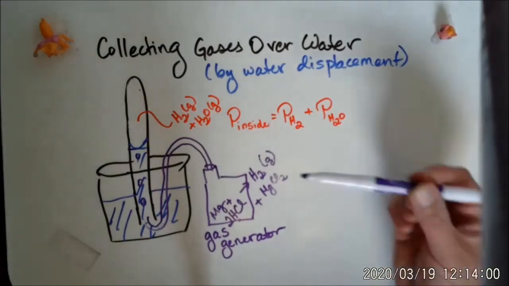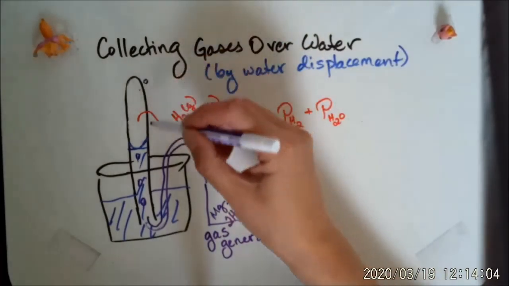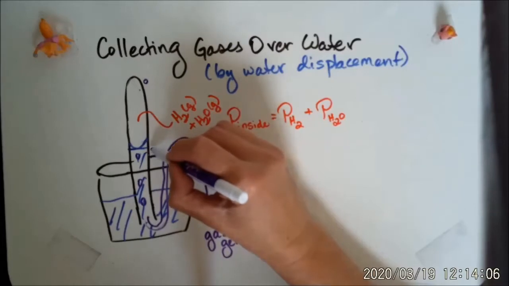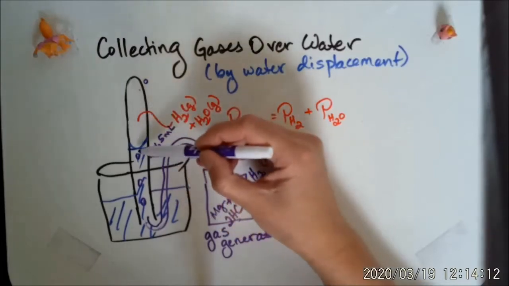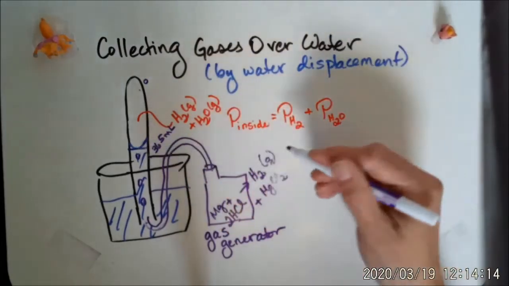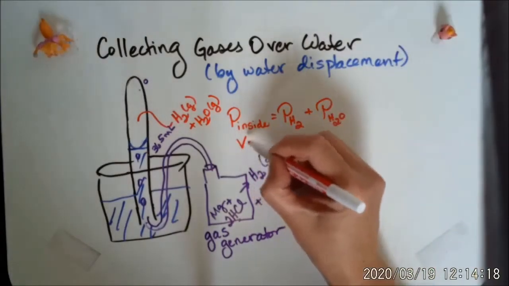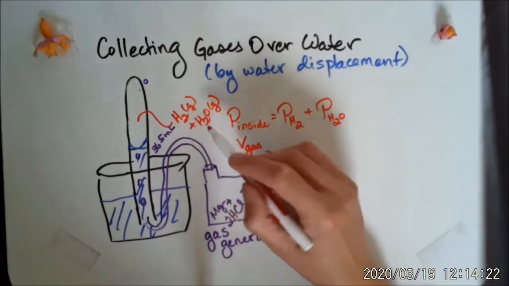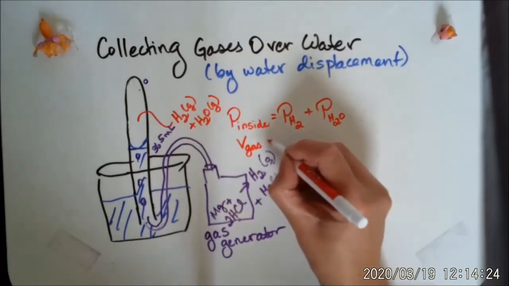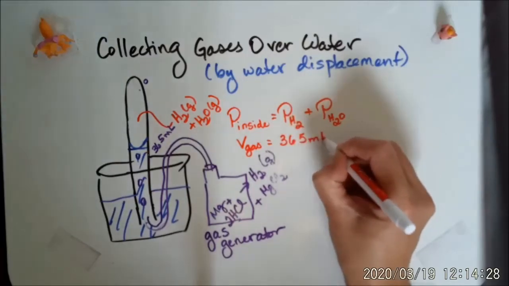So when we read here in your tube, it goes from 0 down to 50. So suppose we had 36.5 milliliters, if we read this at the bottom of the meniscus. So the volume of gas that we collected, this is the gas mixture. This is hydrogen and water vapor. Let's say is equal to 36.5 milliliters.